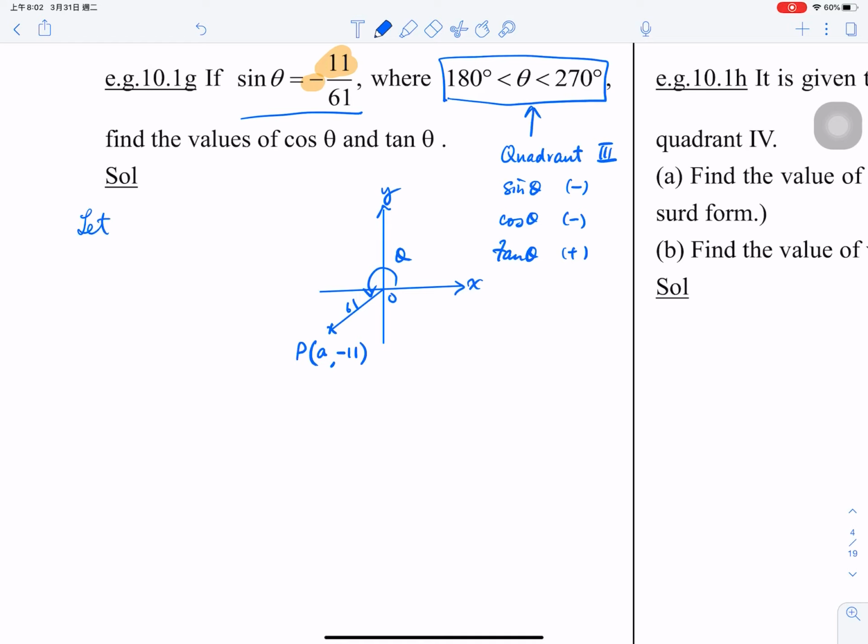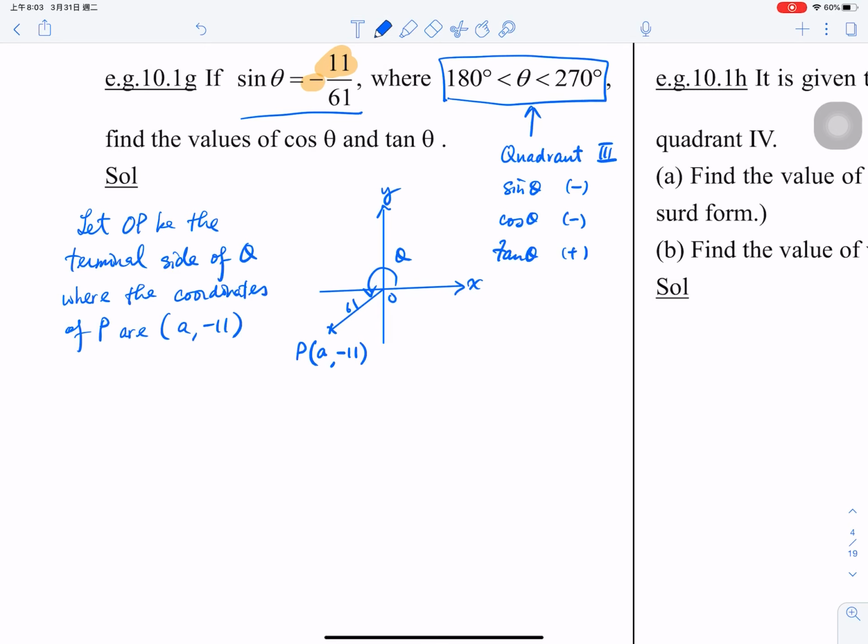Then let OP be the terminal side of theta, where the coordinates of P are (a, negative 11).